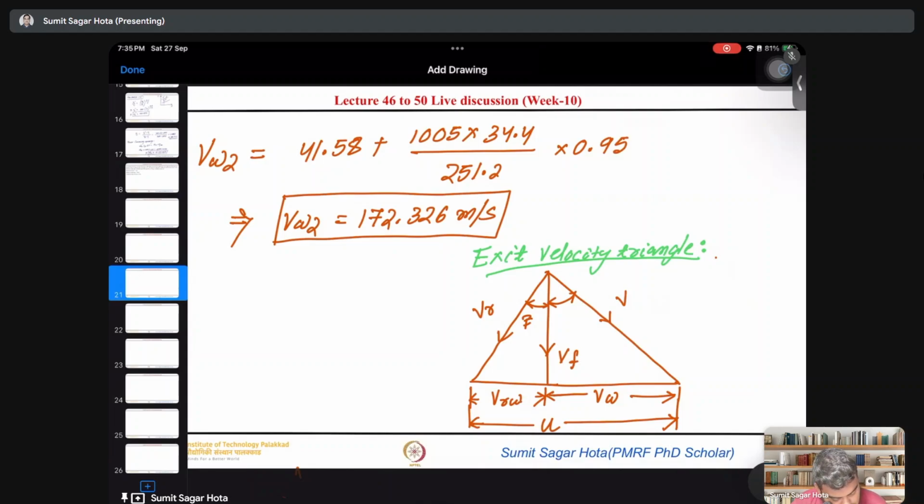So yes, this is your beta 2, BF, B2, alpha 2, BR2, W2, BW2.